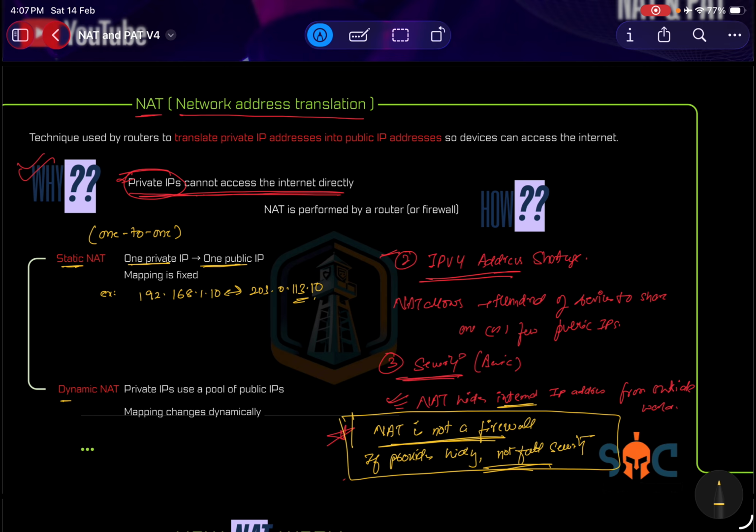Okay, so one private IP address is assigned to only one public IP. This type of NAT is basically used by web servers and mail servers. Okay, the mapping is fixed.